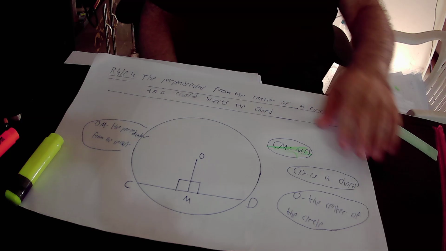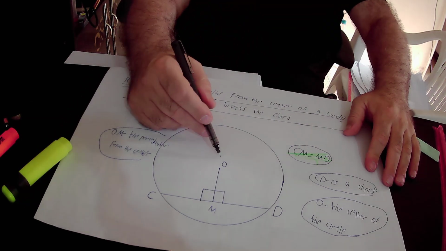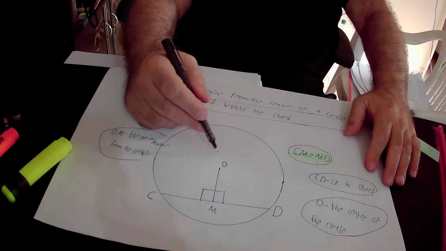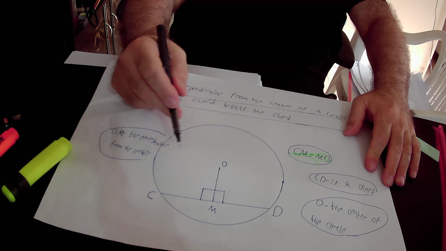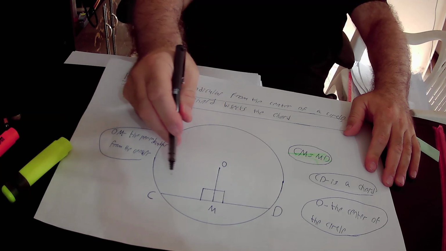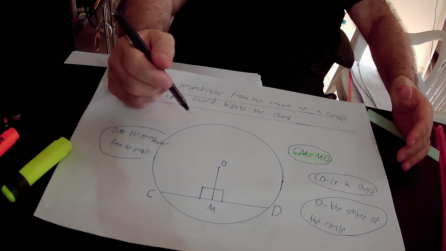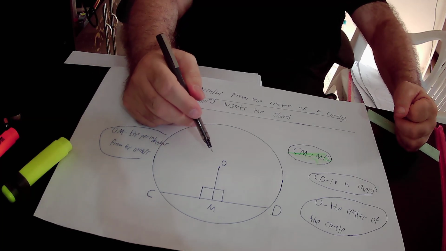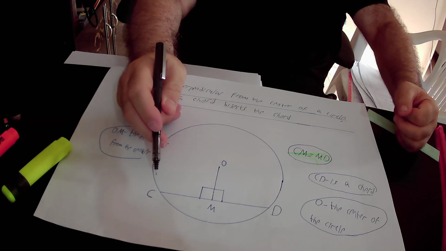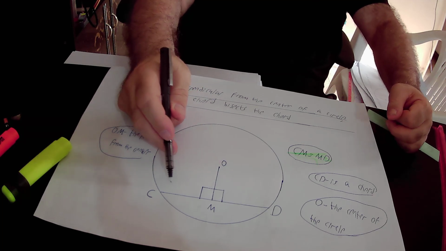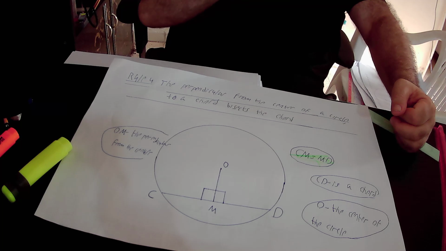Here O is the center of the circle. So OM is the perpendicular from the center of the circle to chord CD, and according to rule number 4, the perpendicular OM bisects chord CD. This is to say CM equals MD.